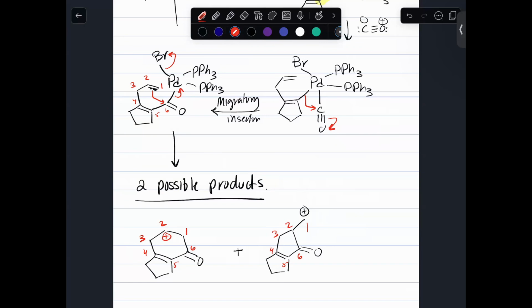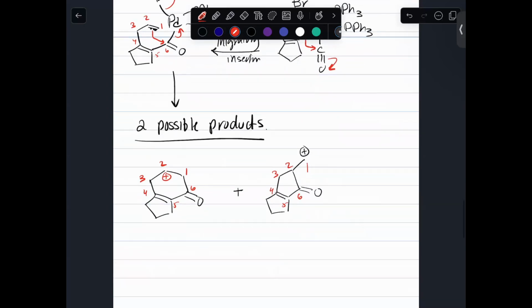So which one is the most favored? Well, 5 and 6-membered rings are pretty stable, right? They're both favored in that sense. But this is a secondary carbocation, and this is a primary carbocation.